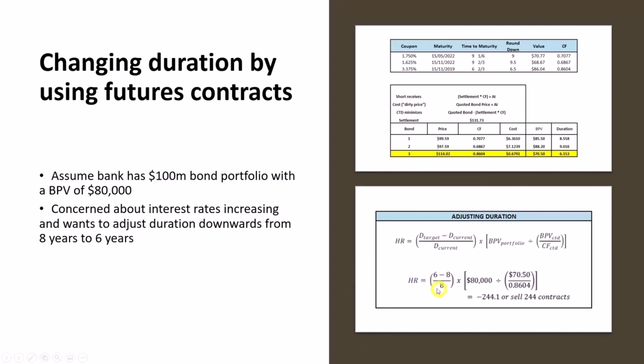This is the current. We divide by that. We take the BPV of the portfolio based on the values up here on the screen. We plug in these values here. It turns out that for the fund manager, without having to change the actual composition of the underlying portfolio, would be able to reduce its duration to 6 years by selling 244 contracts of the cheapest to deliver bond.